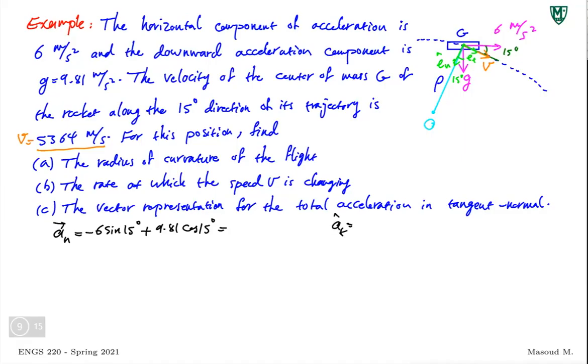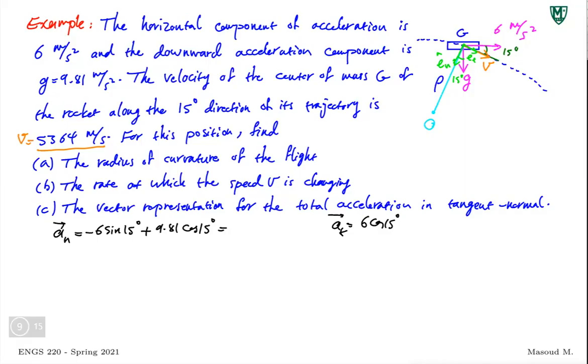Same story. Now I have to decompose two vectors, or find the components of 6 meters per second squared and g, along the tangent axis, the tangential components, or along e_t. That would be 6 cosine 15 degrees.